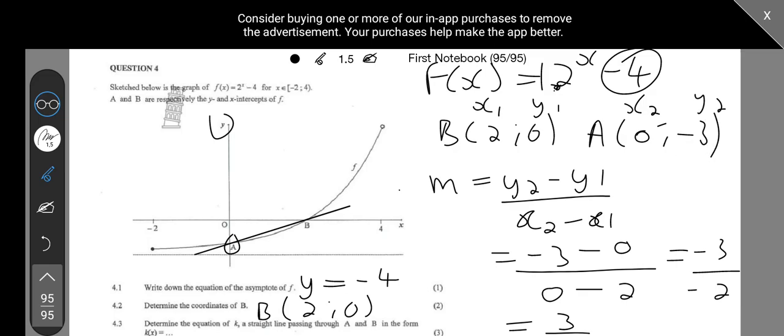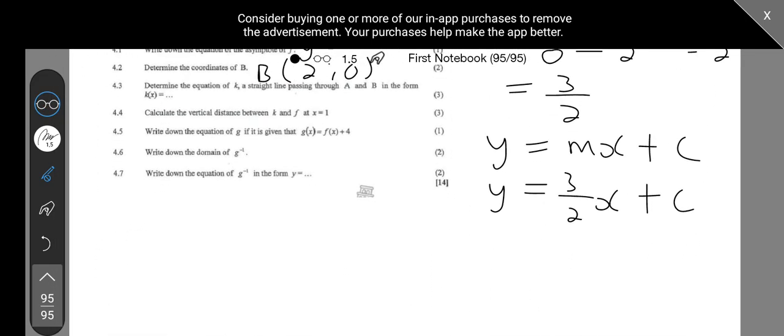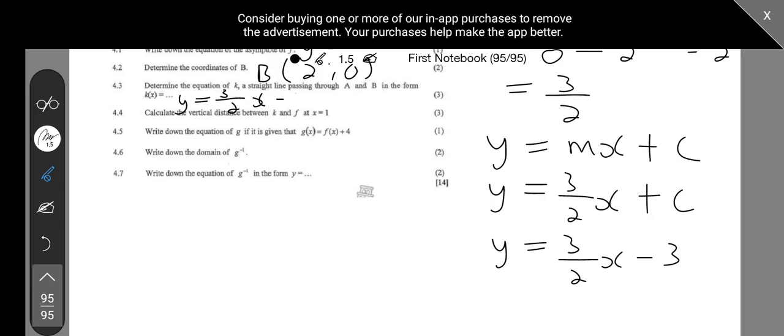So without wasting time, we can therefore say that y is equal to 3 over 2 x minus 3. And this is how we can do it. So make sure you're able to grasp this. So our answer here is y is equal to 3 over 2 x minus 3.